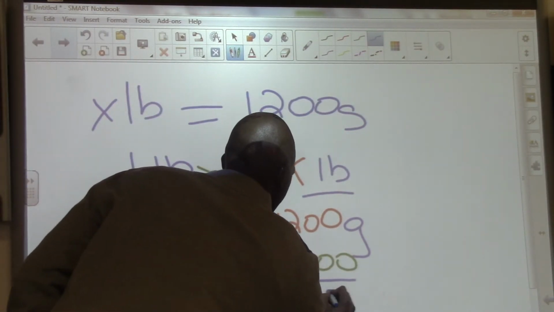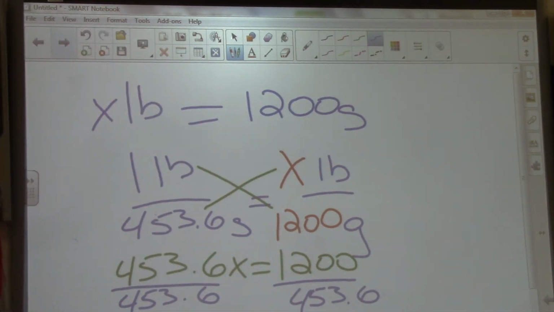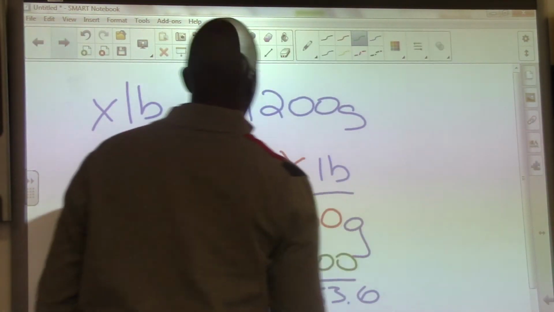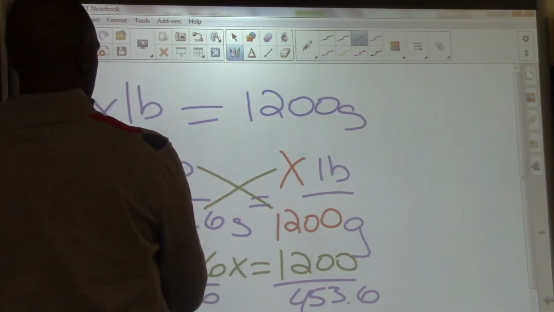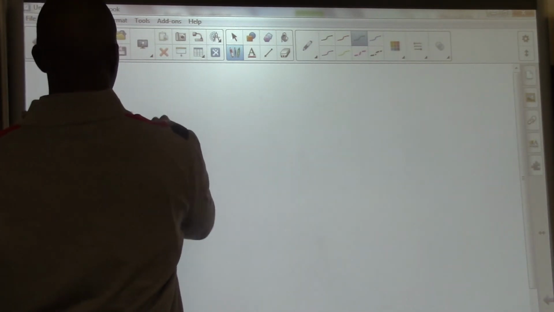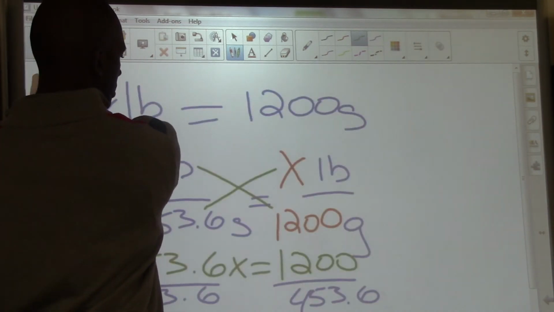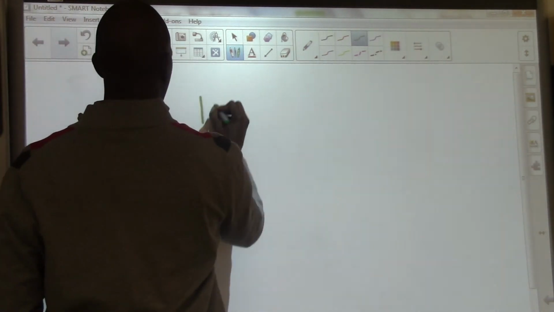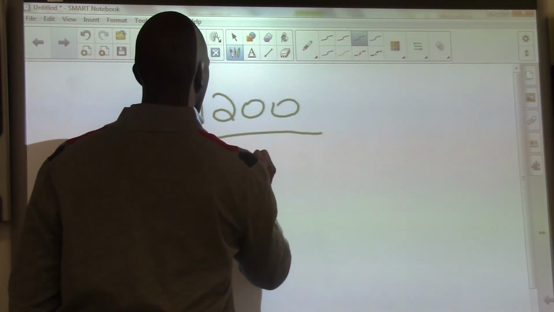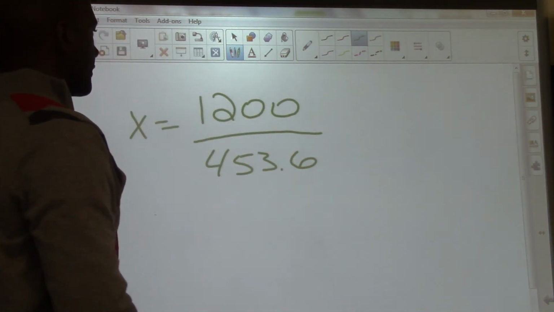We divide both sides by 453.6, and we end up with X equals 1,200 over 453.6.